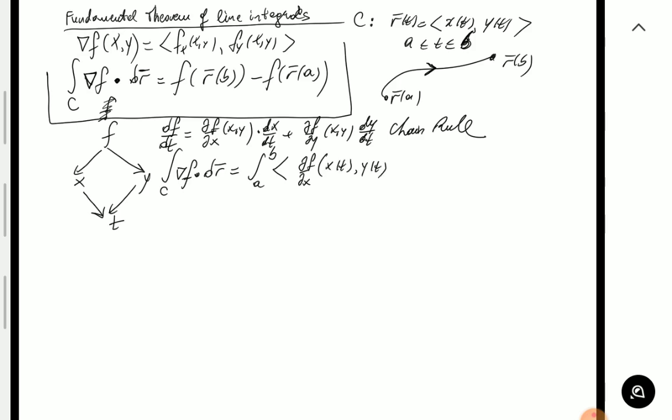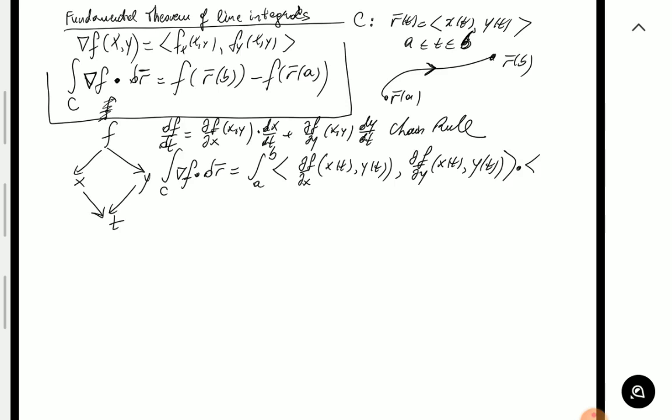Instead of x and y, you plug in the components of the curve, x of t and y of t, and the same for the third component if you are in 3D. And then you dot this with the derivative of r of t, which is dx dt, dy dt.